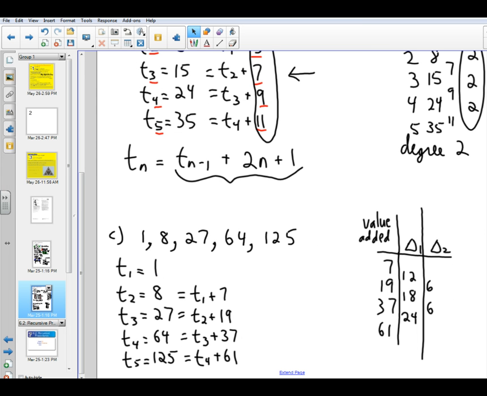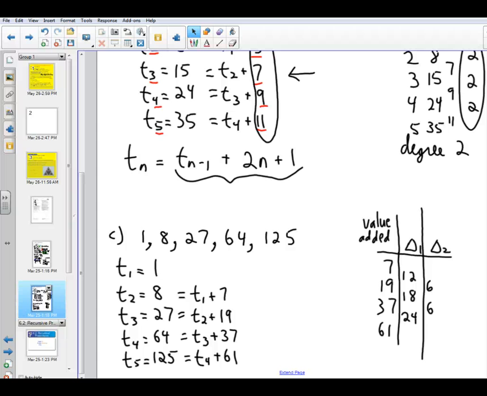Well, this is what I've come up with so far, and I'm not at a standstill with the solution, but I've recognized at least that the amount that I'm adding is not linear. I'm adding 7, 19, 37, and 61 to the second, third, fourth, and fifth term values. So that's definitely not linear, but is quadratic.